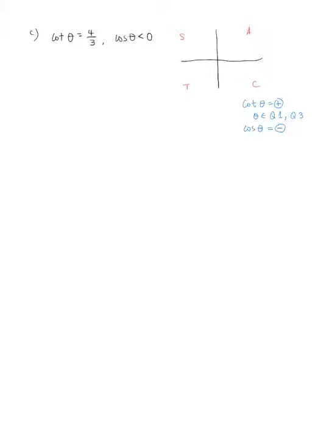So cosine's negative in which quadrant? Theta better be in quadrant 2 and also in quadrant 3. Where they overlap is quadrant 3, so therefore theta better be in quadrant 3. Keep that in mind.